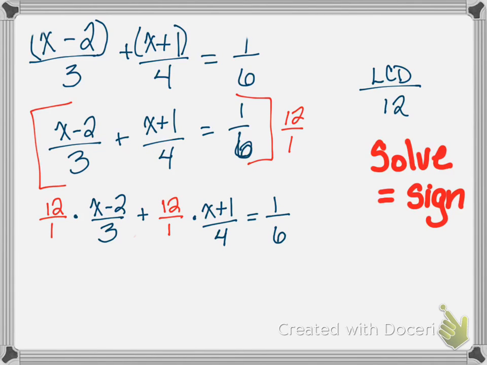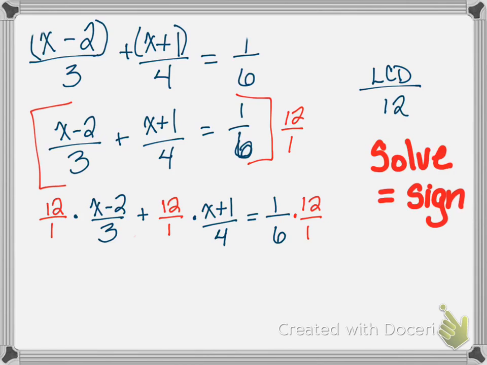And then I've got 12 over 1. Okay? So I have multiplied 12 over 1 by each one of my rationals. Here is the first one I started with, there's my 12 over 1. Here's my second rational, multiplied by 12 over 1. Here's my third, and I've multiplied it by 12 over 1. Now I cancel things out.